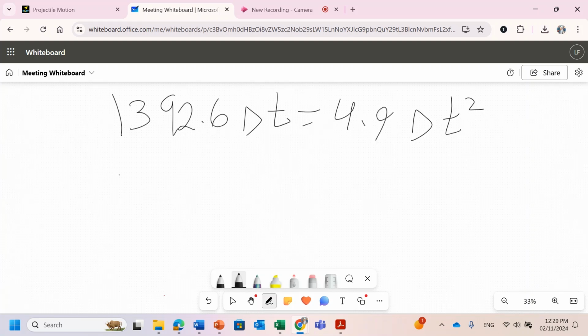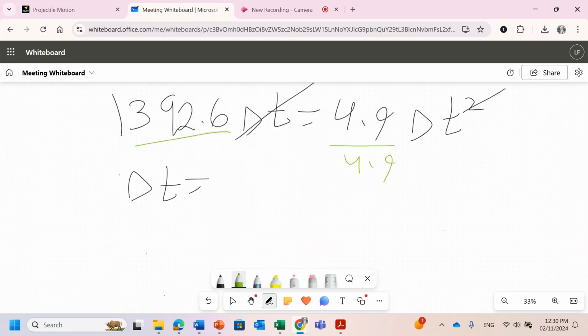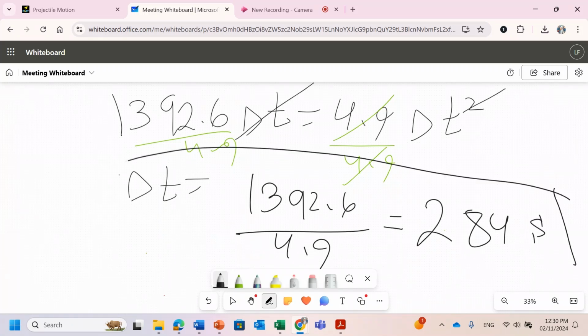Here I have delta t and here delta t squared, so I can cancel one delta t from the other side. Divide both sides by 4.9, so delta t will equal 1392.6 divided by 4.9, and we should get 284 seconds. So I found delta t total when it lands.